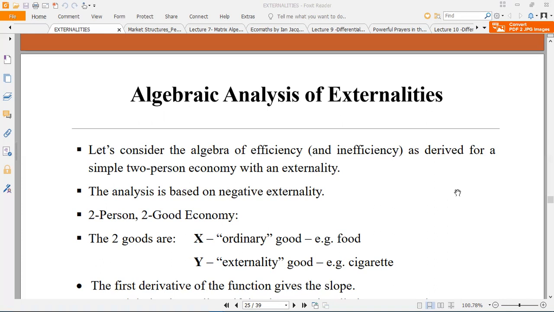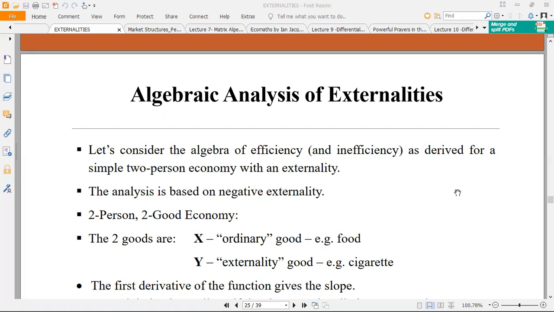Today, we want to look at the algebraic analysis of externalities, how we can use algebra to consider how efficiently goods and services can be produced to cater for whatever marginal damage results from a negative externality from consumption or production activity.